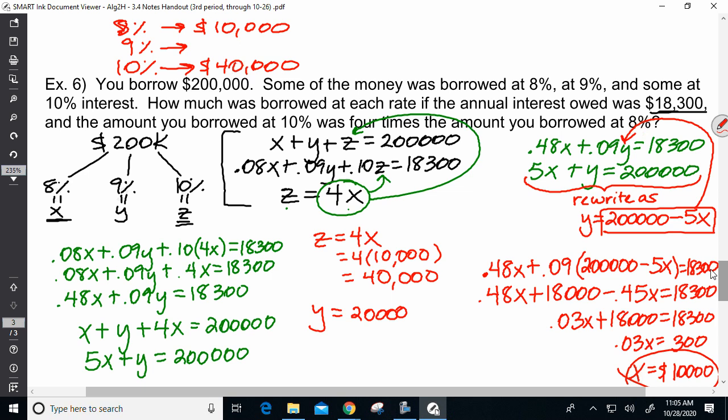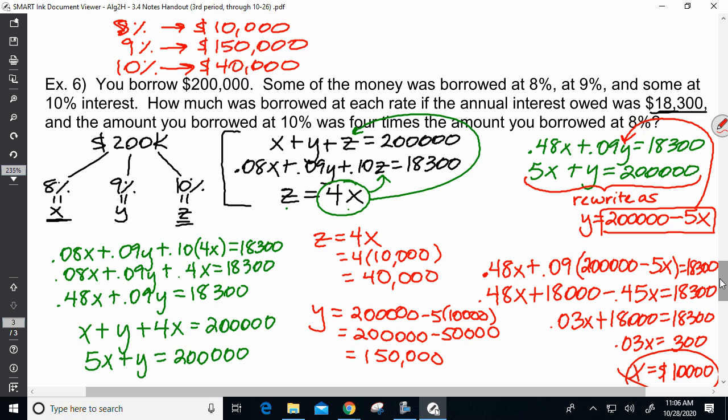For y, it's $200,000 minus 5 times 10,000. So the last account has 150,000 in it. So there's your three answers.